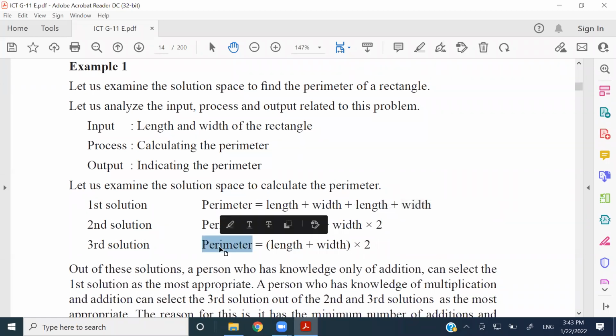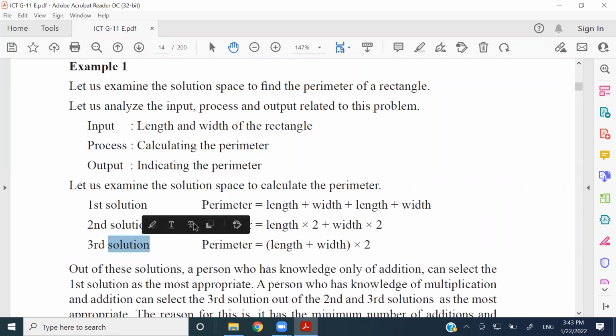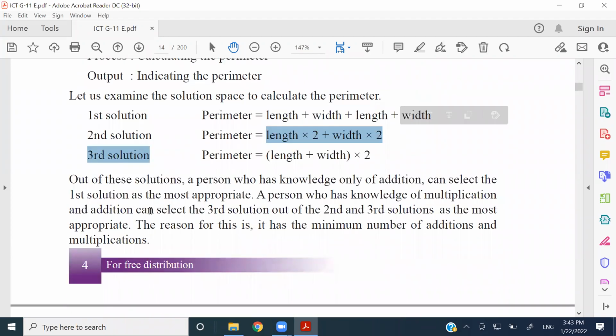And the third solution, we can take length plus width into 2. Right? So all the solutions are going to give you the perimeter, the same value, but the approaches are different.